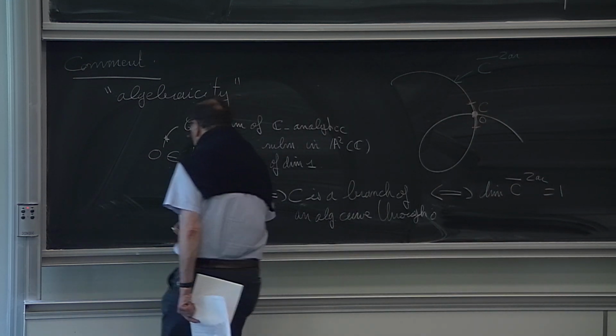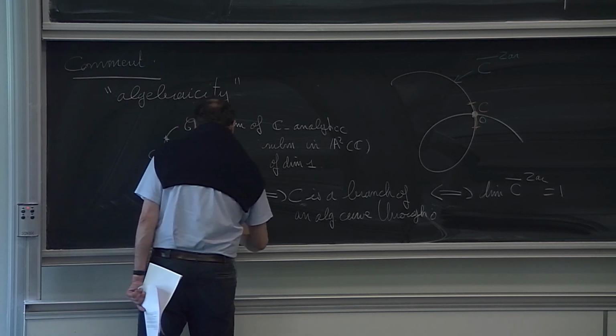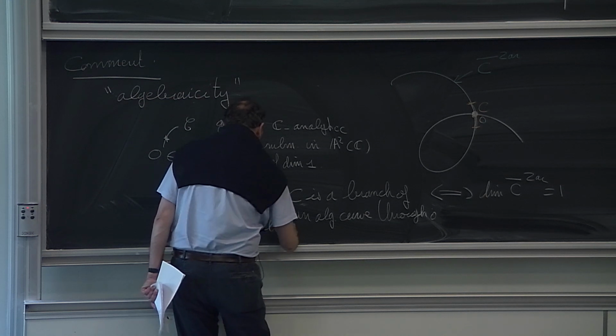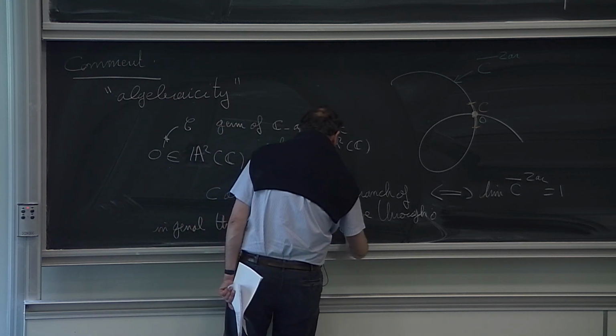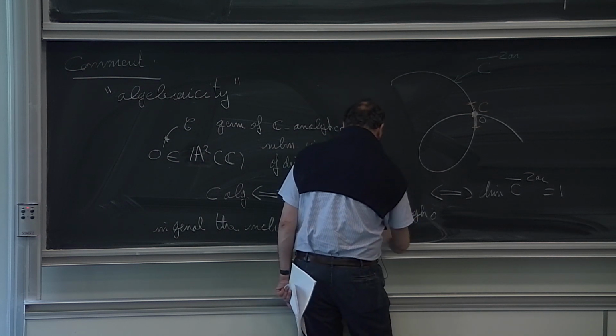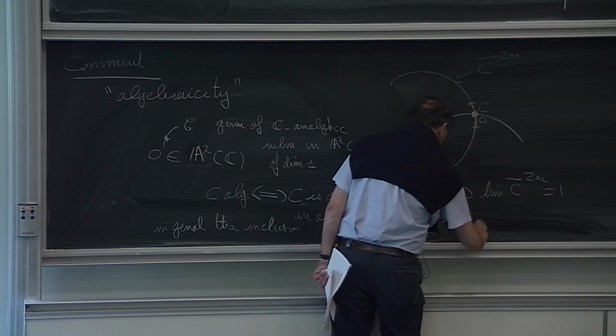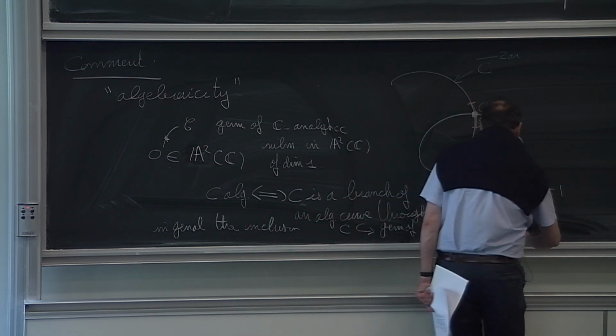But in general, the inclusion of C inside the germ of the Zariski closure at P may be strict.